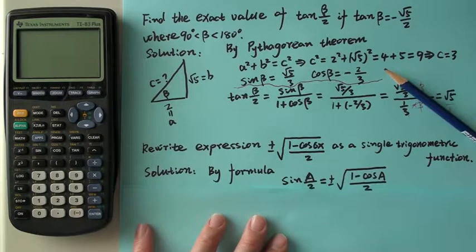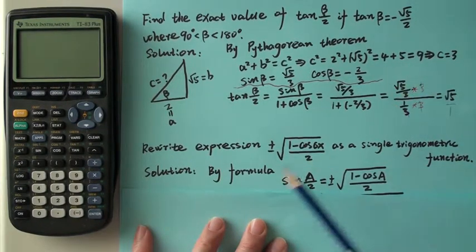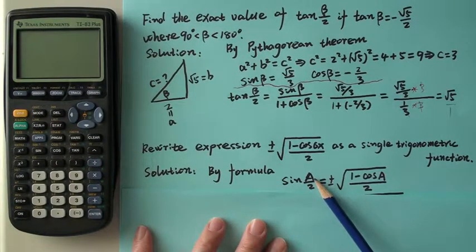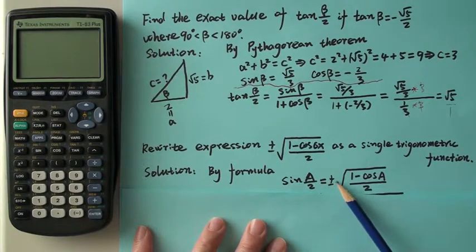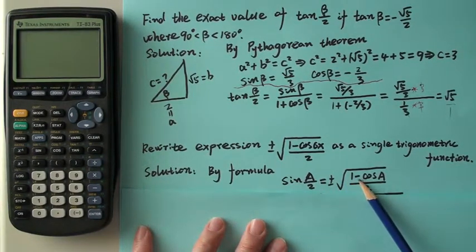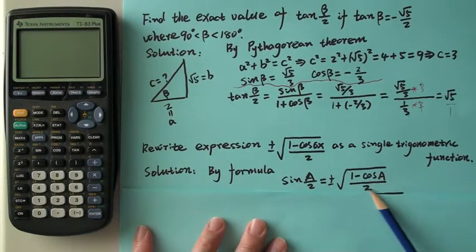Look at this formula. By the half angle formula, sine A over 2, this is a half angle, equals plus or minus radical of 1 minus cosine A divided by 2.